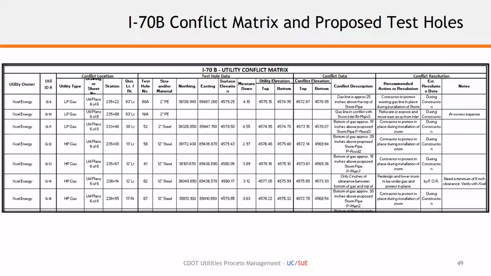Yeah, so for this particular project, G12 was really significant and became more and more significant as we recognized that we had conflicts with a high pressure gas line.